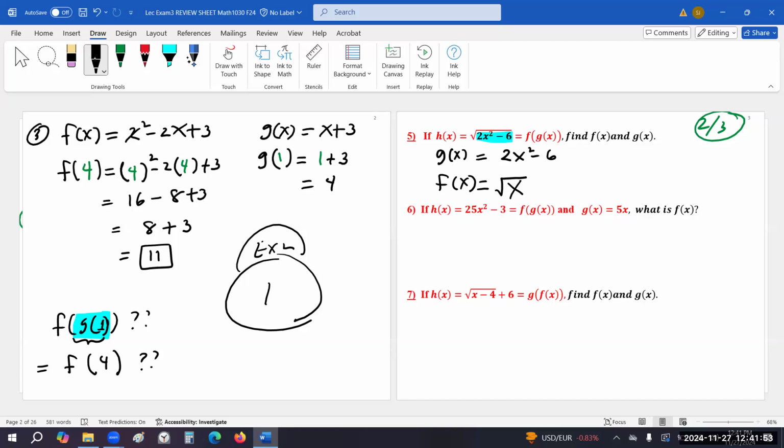If I give something like number 6 in the exam, I'm not going to tell you what the G function is. So you have to figure out what the G function is and what the outer function is. But they're nice, so they are telling you that the G function is 5x. So what's the F function here?